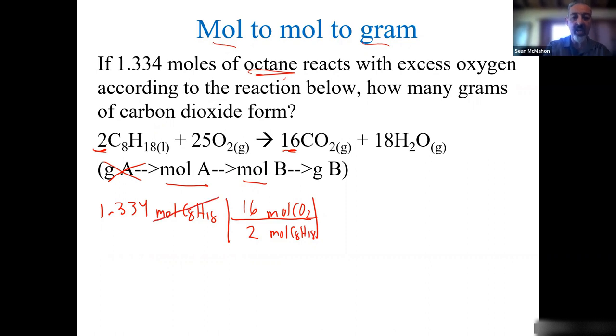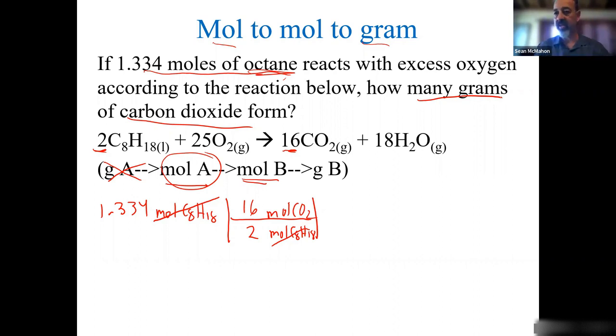So that takes care of my given moles of octane, right? And now I have moles of what I want. I want CO2. If they only wanted moles of CO2, I'd be done. That was those other problems we just did. But they want more, of course. They want grams. So how do we do that?